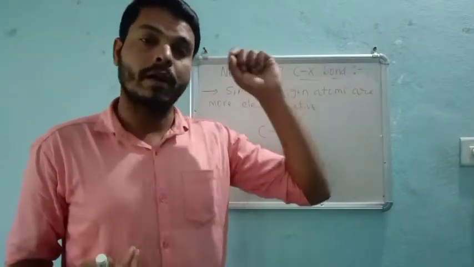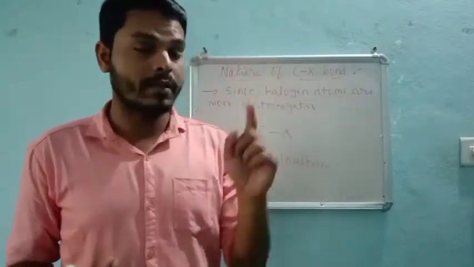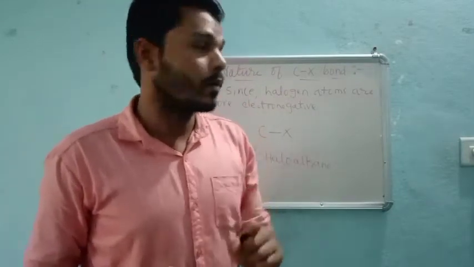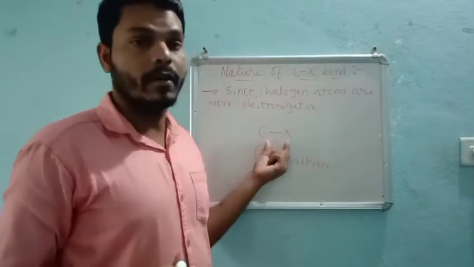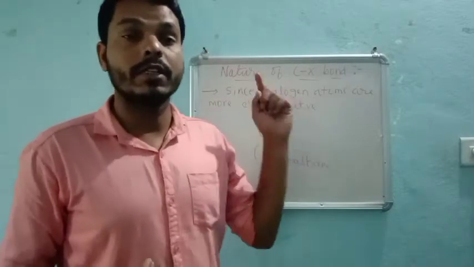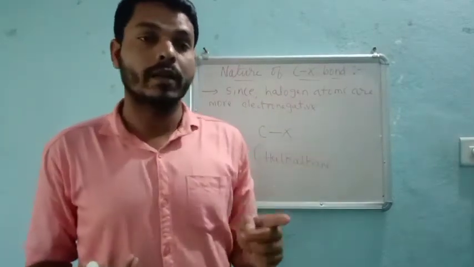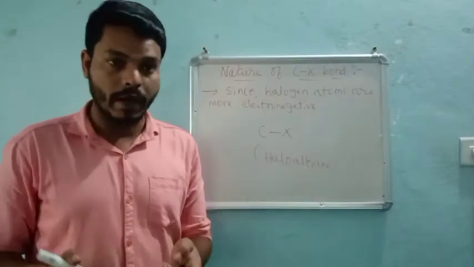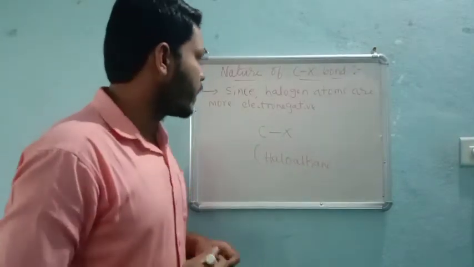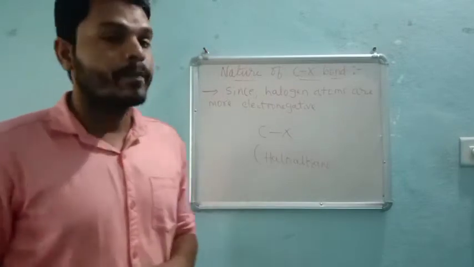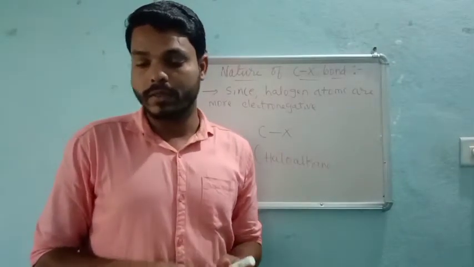I am asking you to thoroughly read about electronegativity since first year. How many of you are doing that, I don't know. But the more electronegative atom will drag the electron towards itself.